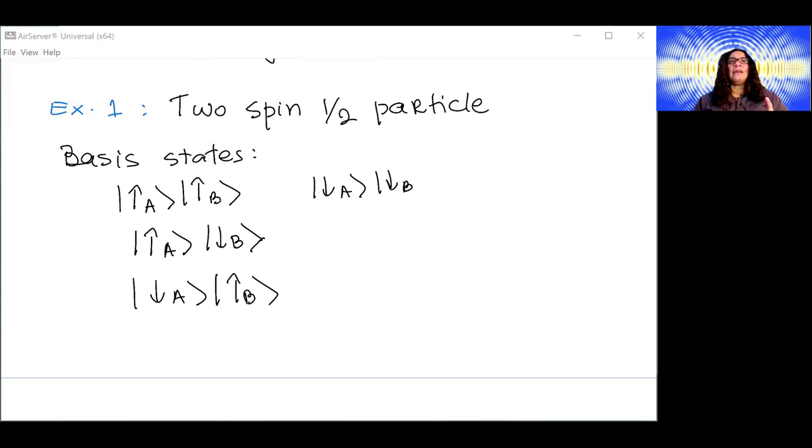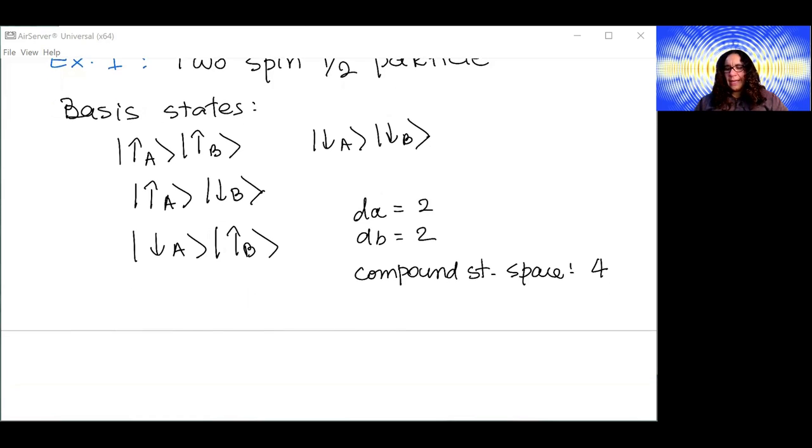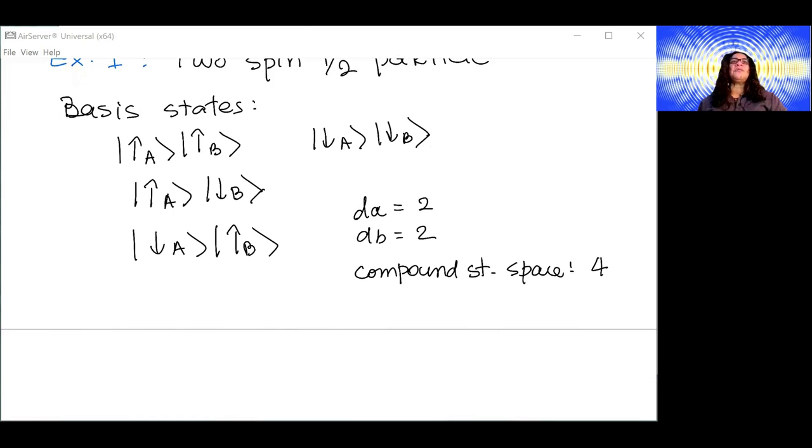You see? So note the dimension: dA was 2, dB was 2, and now the compound space is going to have 4. And indeed, we have 4 basis states which are going to span this dimension.